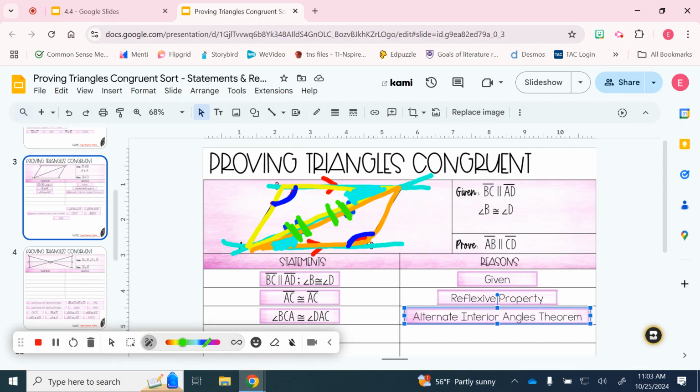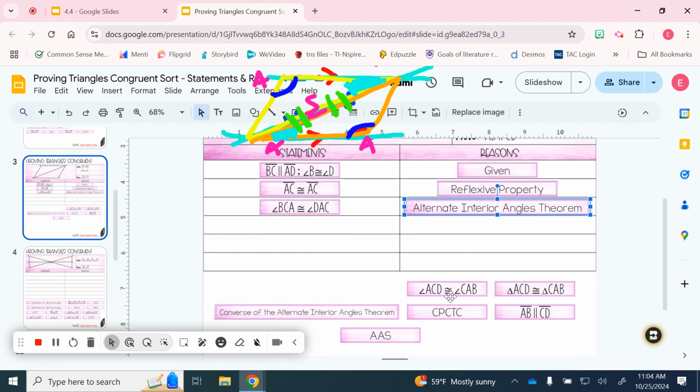So if I write some of this down, I have here angle, angle, side. Same thing here, angle, angle, side. So these two triangles are congruent how? Angle, angle, side, very good.